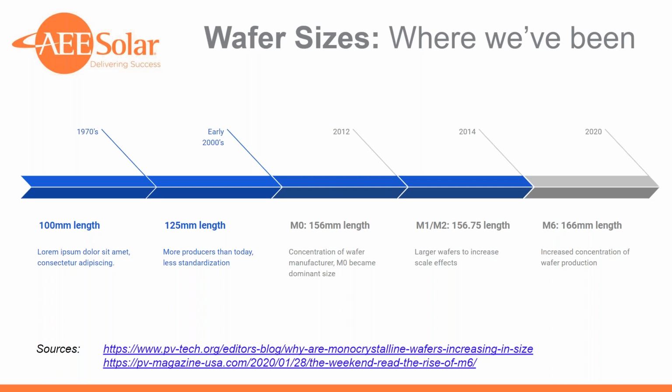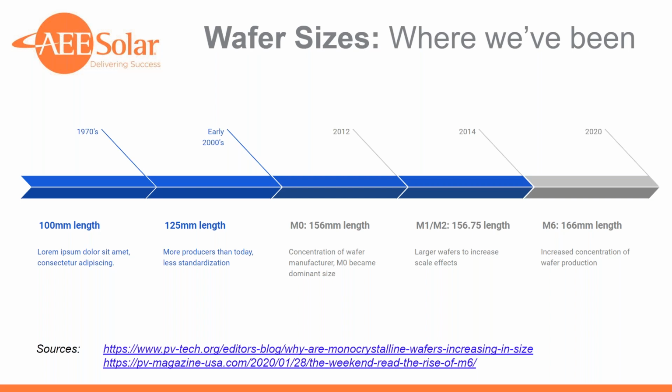Now here in 2020, and really what you're seeing is a lot more manufacturers focusing on an M6 cell, so 166 millimeters in length. And I don't have the diagonal dimensions here, but it's something that's pretty easily looked up. And this is really going to be the prevailing wafer and cell size moving forward.